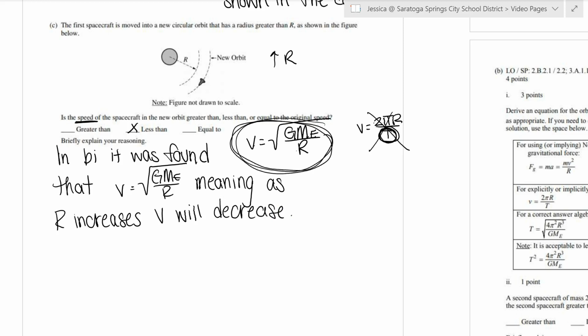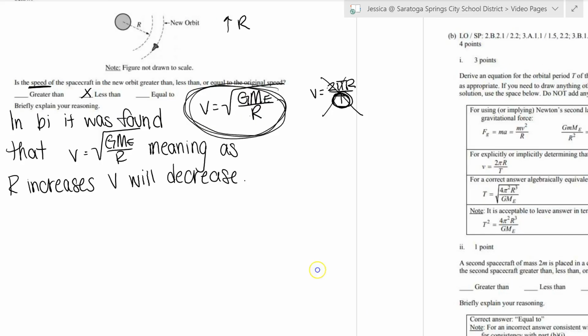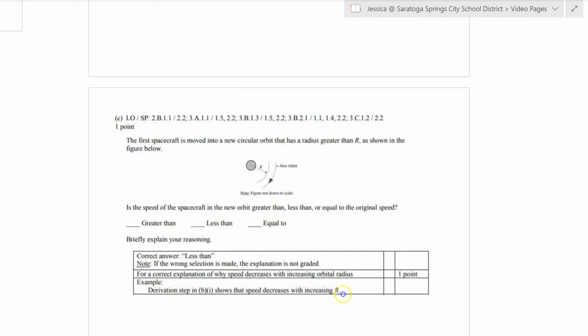It's just a brief explanation. It doesn't need to be a paragraph. One sentence is fine. So let's make sure I got that point.